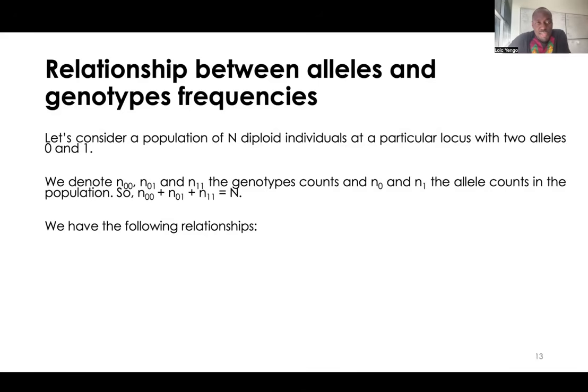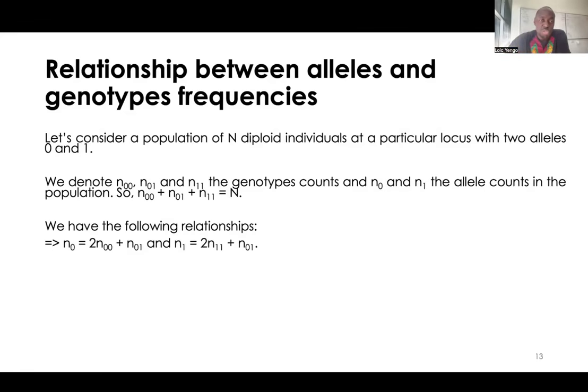Okay, a simple relationship that is easy to grasp is that if you sum all the genotype counts, you have the total sample size. Individuals can either be 0,0, 0,1, or 1,1, and if you sum all of them, you have your total sample size. Another thing that is somewhat easy to do is to go from those genotype counts to the allele counts.